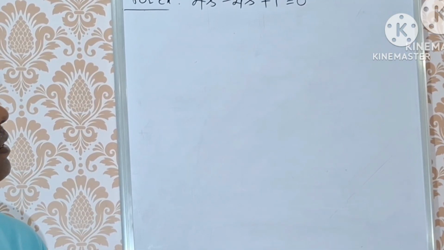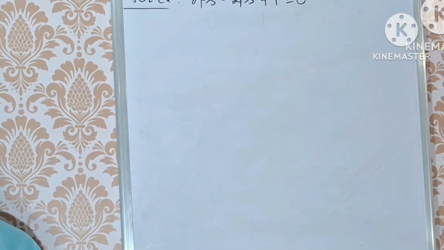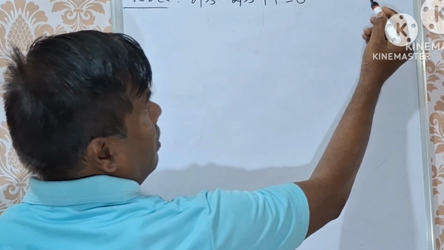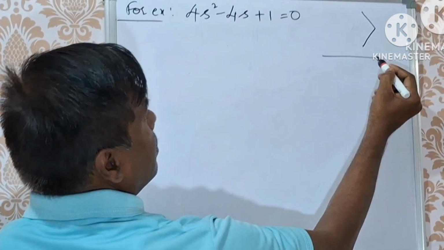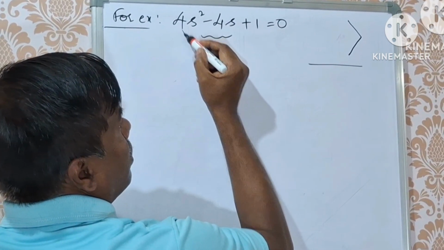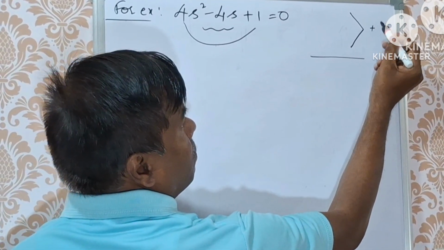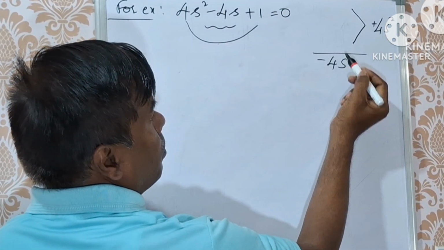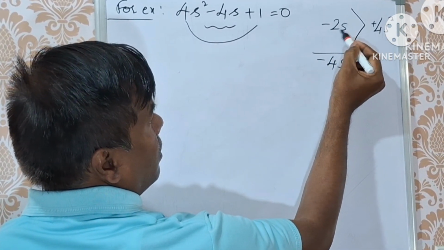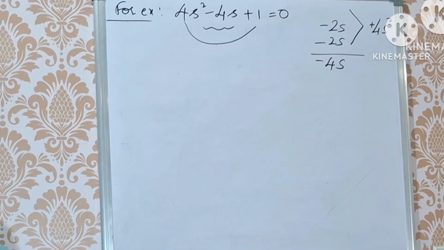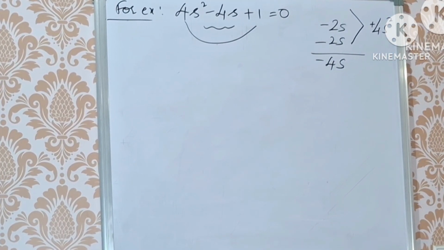For example, take the quadratic equation 4s square minus 4s plus 1. Here, if we split the middle term, the product of first and last term is 4s square. Middle term is minus 4s. Which are the numbers? Minus 2s, minus 2s is minus 4s. This is minus 2s into minus 2s plus 4s square.